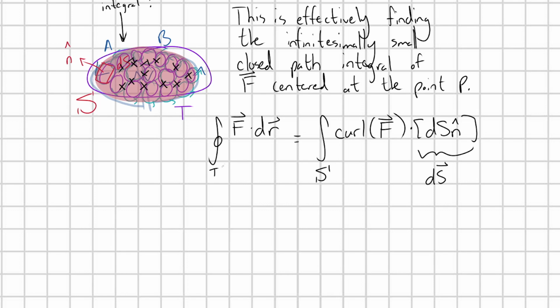And that is my path integral of T. Okay, so this guy here is called Stokes' theorem. Stokes' theorem is super duper important, appears all the time. That's the logic behind it though.